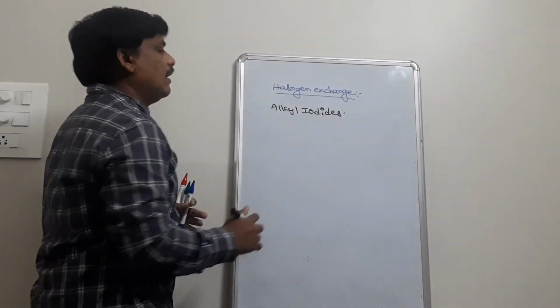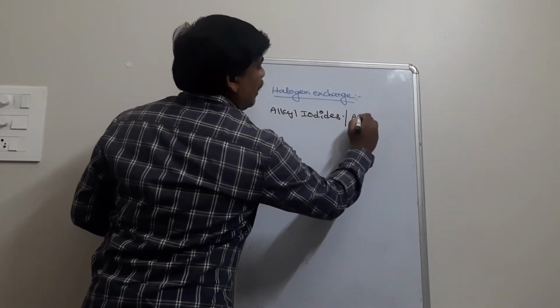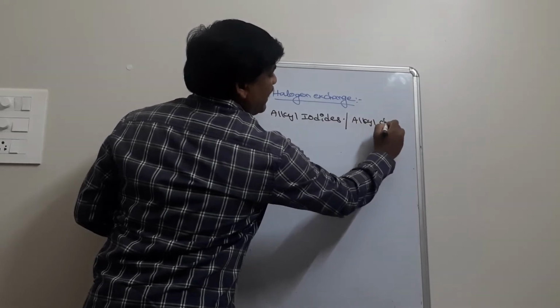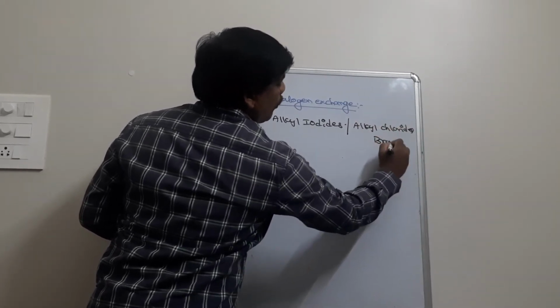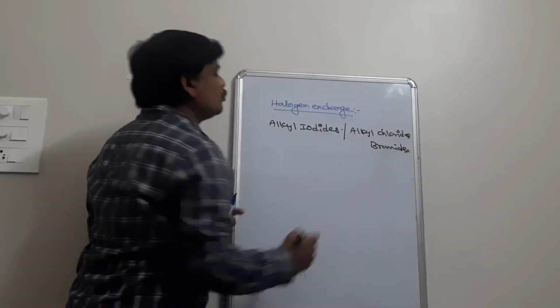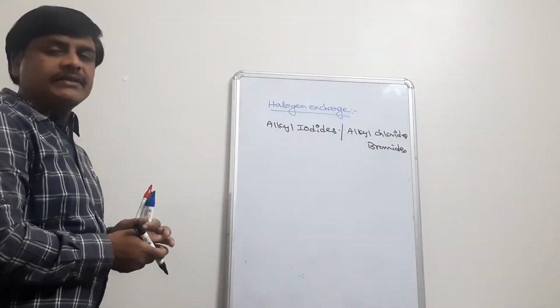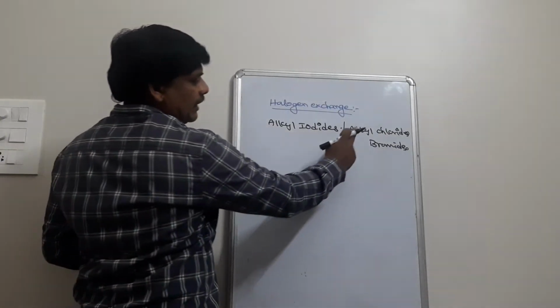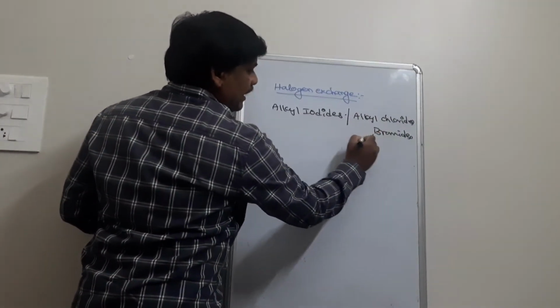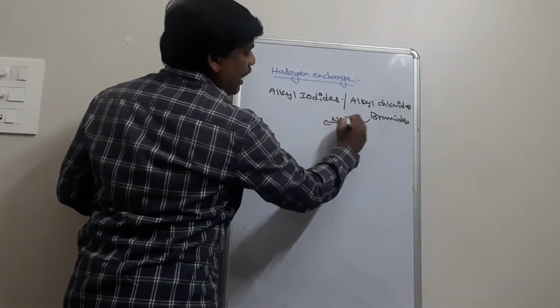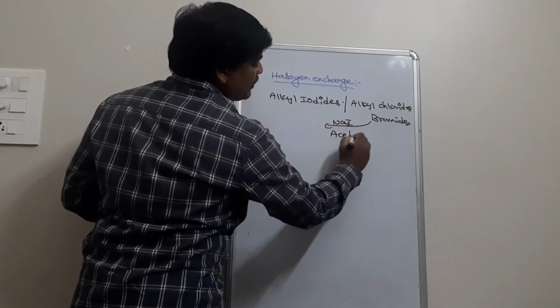For that we have to take either alkyl chlorides or alkyl bromides, which have to be reacted with sodium iodide in the presence of acetone.